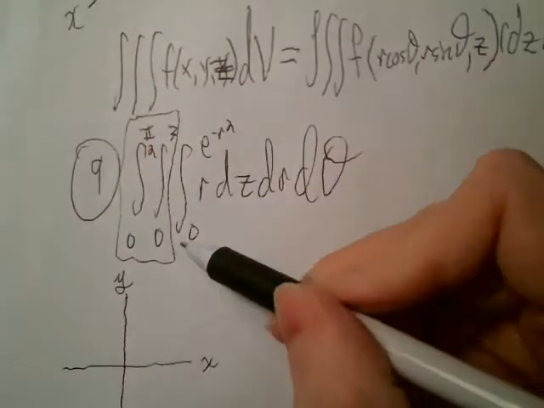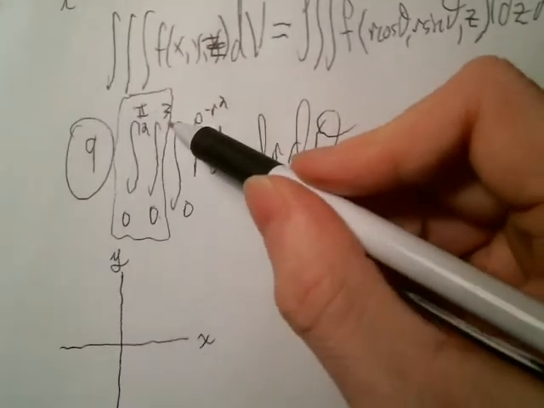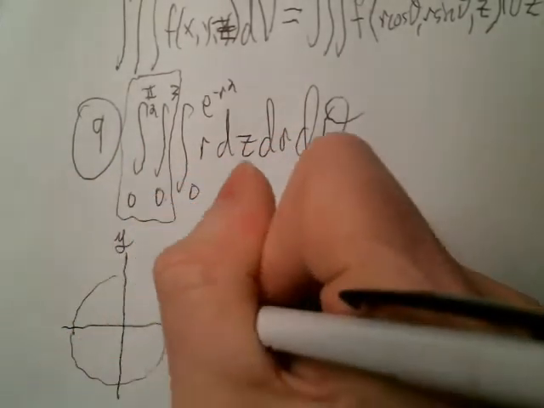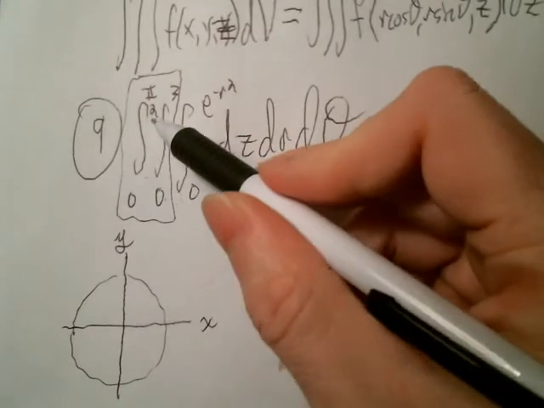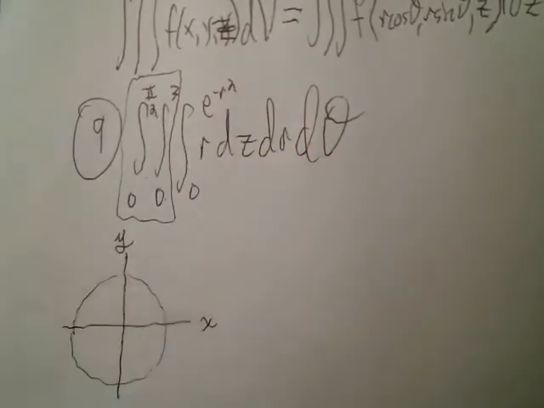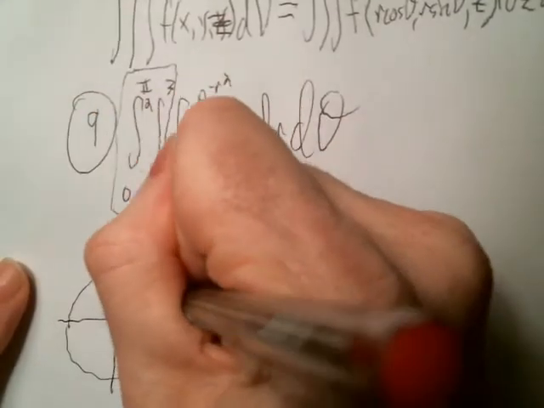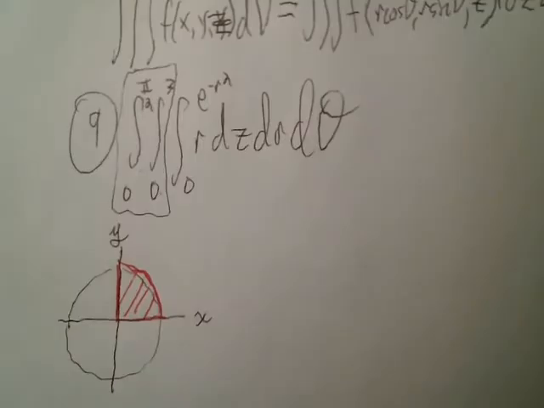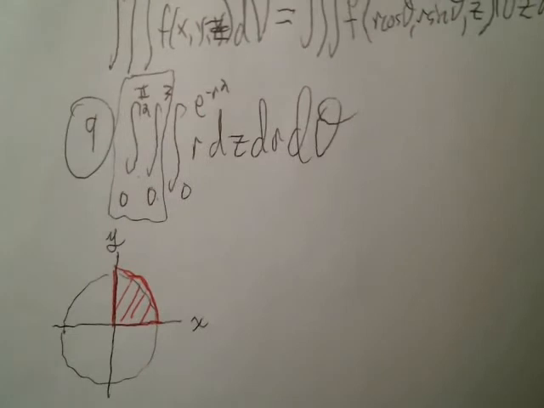So I'm going from r equals 0 to r equals 3. So that's just going to be a circle with radius 3. And then theta is rotating from 0 to pi over 2. So in particular, it's this region here that I'm integrating over. Right?